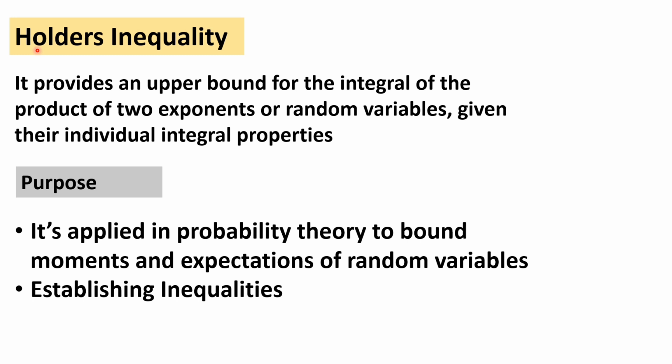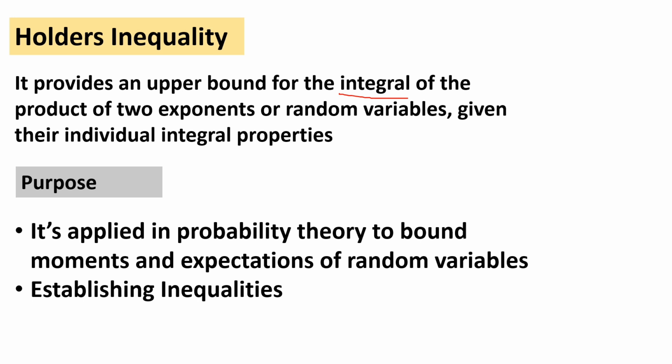Now let us learn what is Hölder's inequality. It provides an upper bound for the integral of the product of two exponents or random variables given their individual integral properties. So first let us learn what is integral.